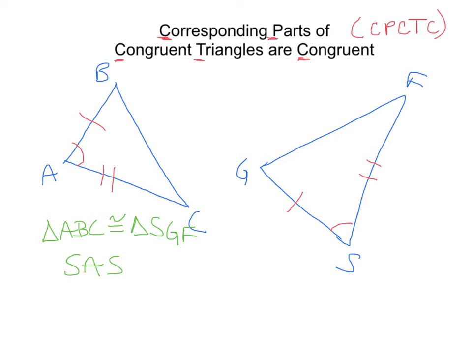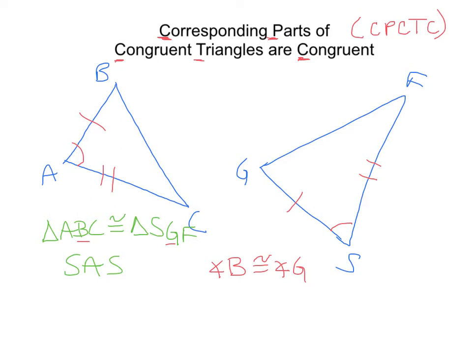These two triangles are congruent, which means they're the same size and shape, despite my poor drawing. Okay. So because of this, what I do know is that angle B is congruent to angle G because they're corresponding. They're the ones that match up, right? So see if you can write out the two other corresponding parts that are congruent that we know now.